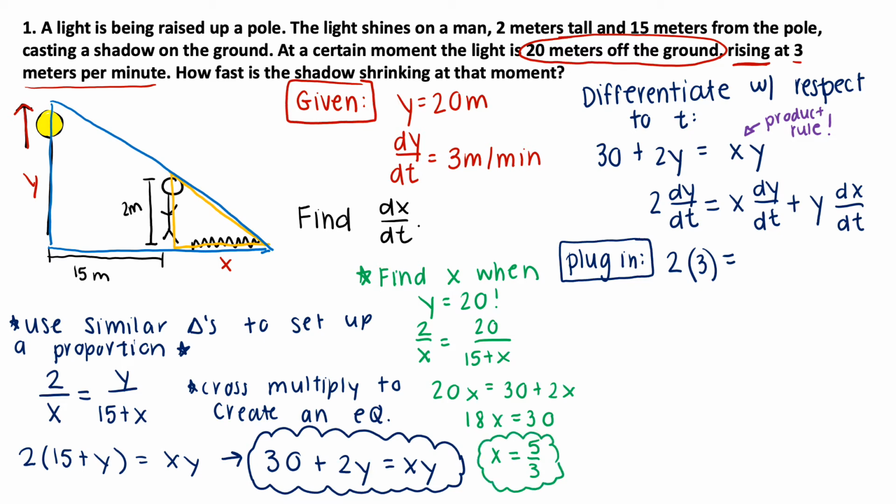Okay, so taking that value and jumping back into where I was, I'm going to fill in my 5 over 3 dy dt, which was 3, plus y is 20. And then what we are actually looking for is that dx dt. From here, we can go ahead and simplify.